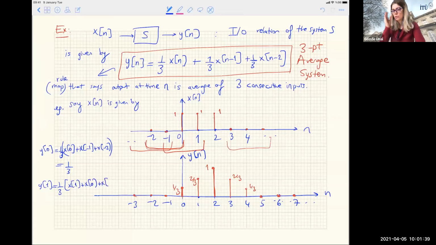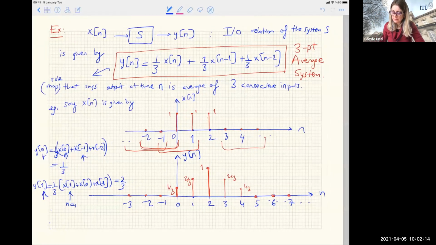So I'm always looking at the current value, which equals 1 here, and the two previous values. That's why this was equal to 2 over 3. We will see this now as a filter. Currently, we just showed it as an averaging system, but we will show this as a filter very soon. You can view this really as a filter with coefficients 1 over 3.